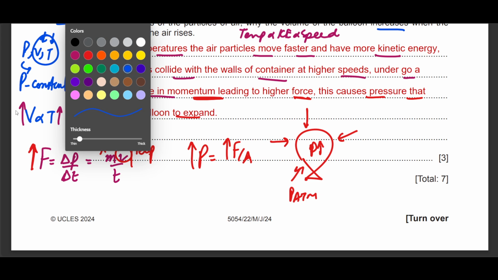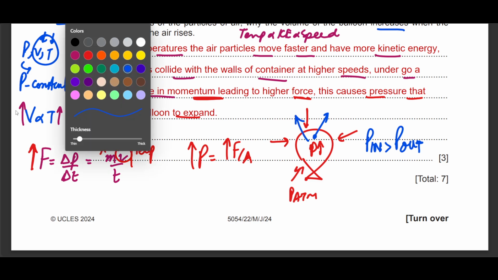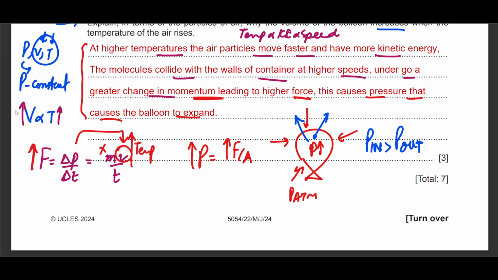Since the pressure inside is greater than the pressure outside, a force is exerted from the high pressure region towards the low pressure region, which causes the expansion of the balloon. This is the complete thought process, but writing this down would be good enough.